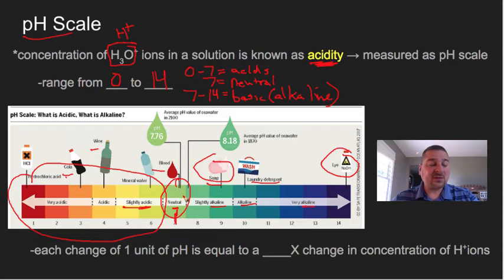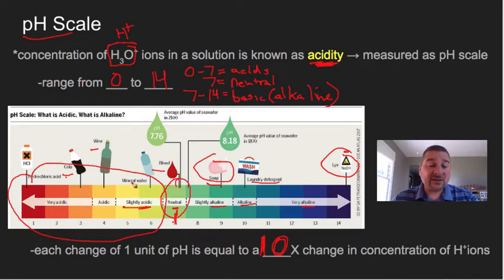Also notice that if we go down from 7 down to 6, from blood down to mineral water, one step would be a 10 times change, 10 times the amount of hydrogen or H plus ions or hydronium ions in the solution.